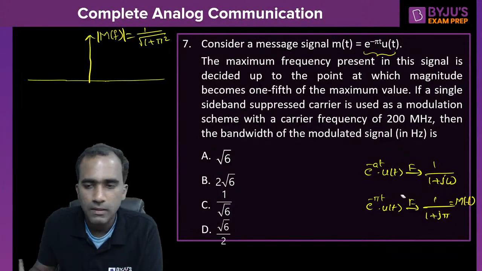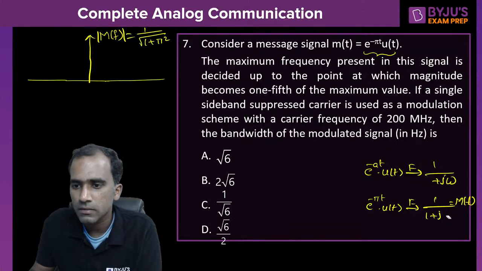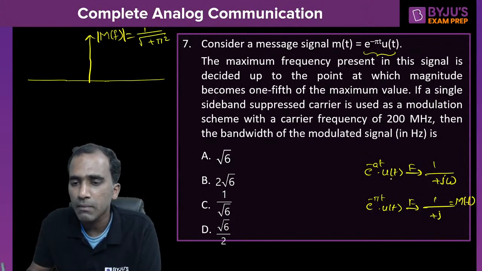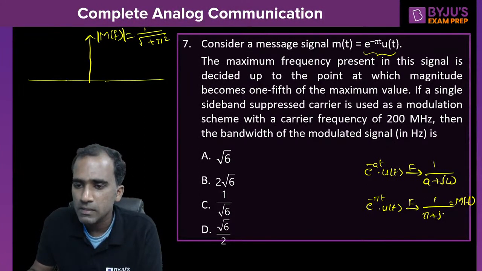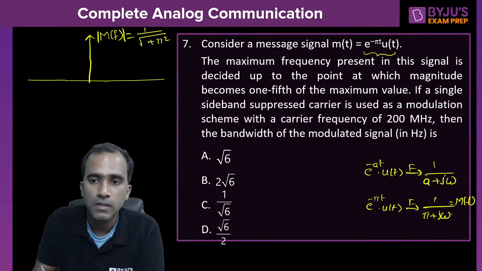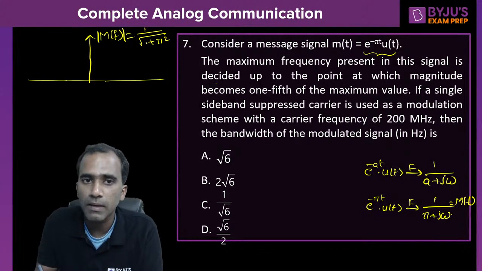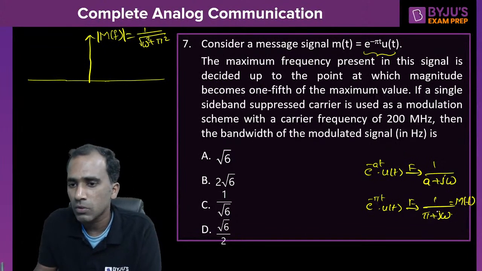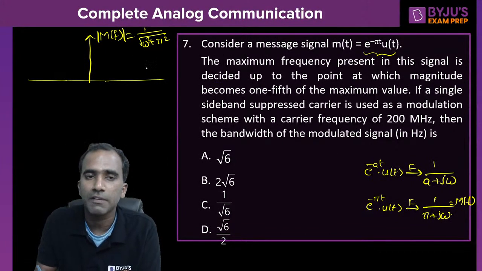I've written a blunder here. e power minus at into u of t has Fourier transform 1 by a plus j omega. So in place of a, we have pi. It is 1 by pi plus j omega. So the magnitude of this is 1 by root of pi square plus omega square, which is what I have written.